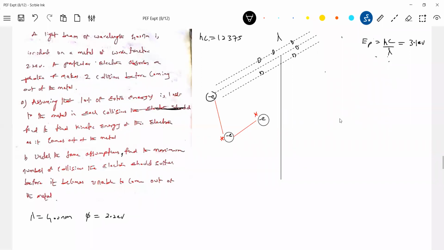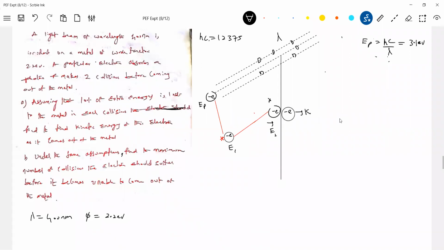Assuming that 10% is lost to the metal in each collision, find the final kinetic energy of the electron as it comes out of the metal. It will encounter two collisions. Here the energy after the photon is EP, after one collision it becomes E1, then E2, and when it finally emerges, it will have kinetic energy K.